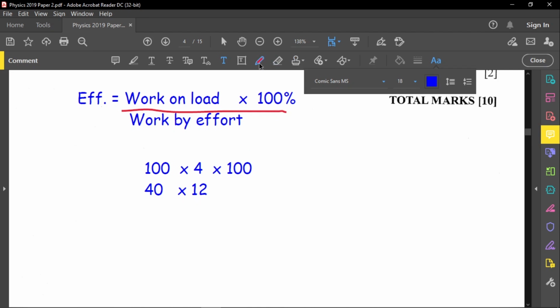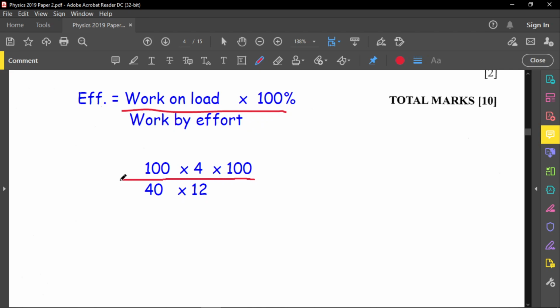If you calculate all of this, on top you'll get 400 times 100, over 40 times 12.